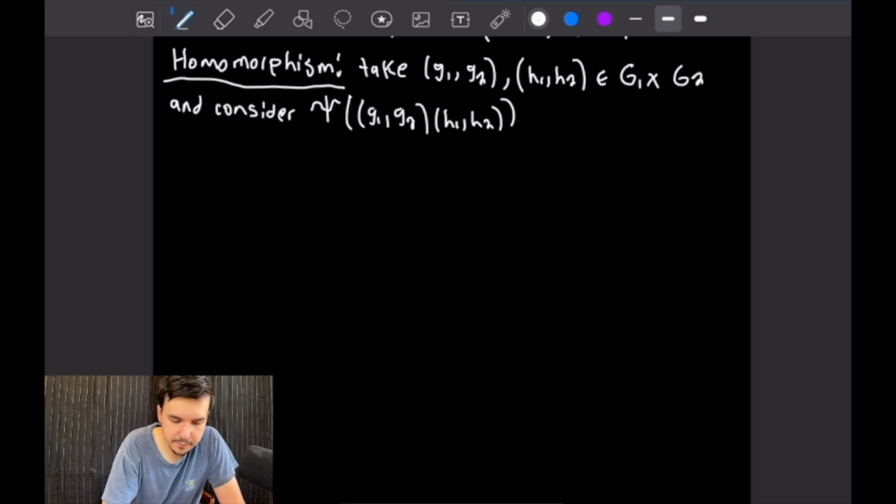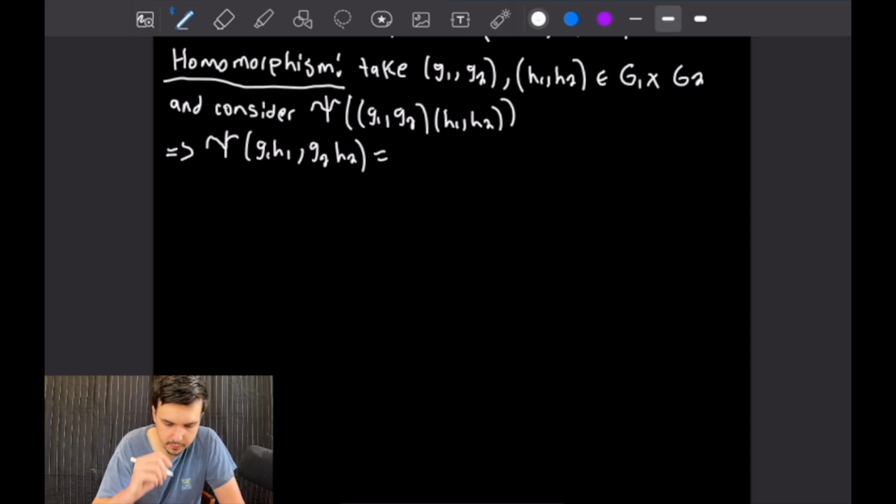Great. Well, before we actually apply psi, let's combine these two ordered pairs using standard multiplication inside of our function symbol. That means that's going to be equal to psi of g1 h1 and g2 h2. So now when we apply our function psi to this, we will get the following ordered pair: g1 h1 times N1, and g2 h2 times N2.